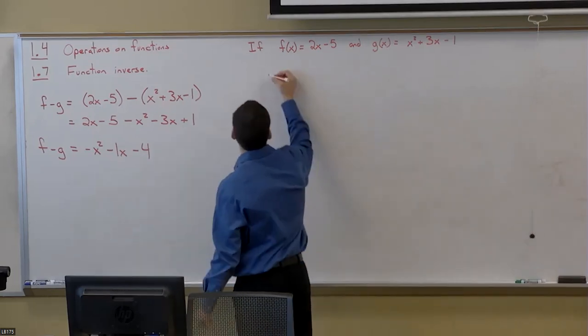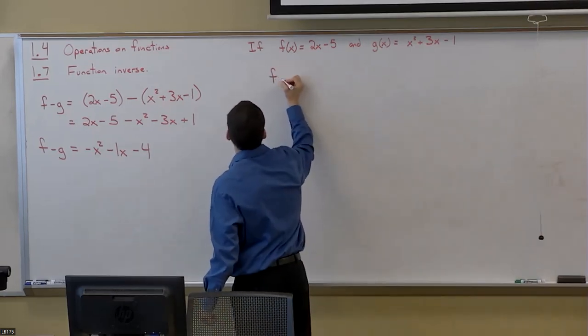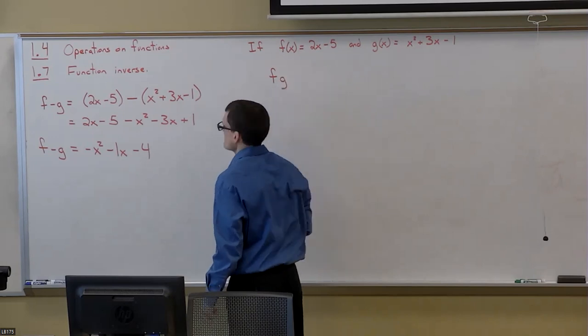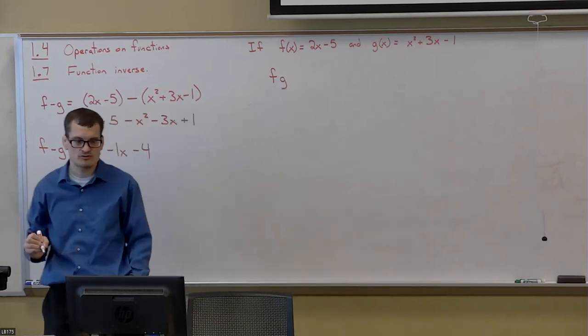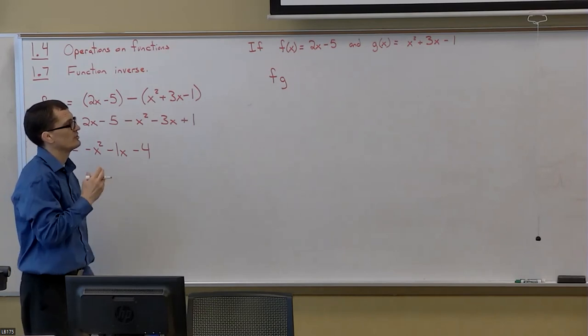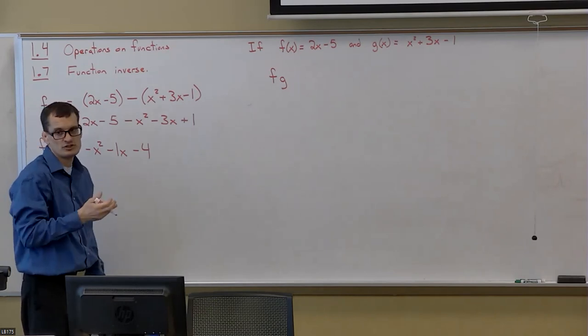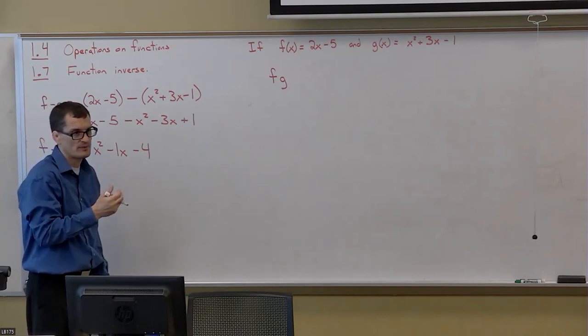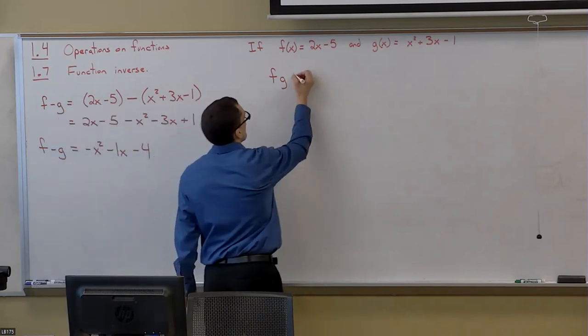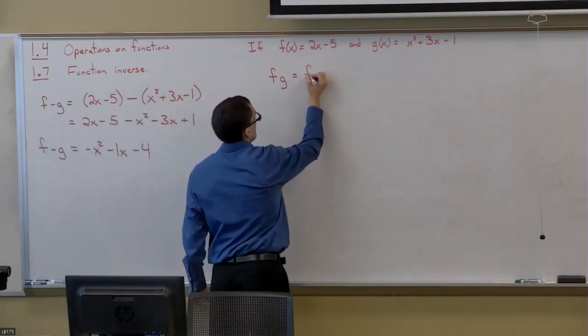When you multiply, now this is where we're going to get into the tricky thing. You can either write f times g just right next to each other, or you can write a multiplication symbol.